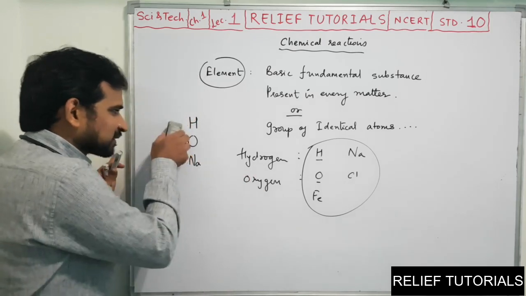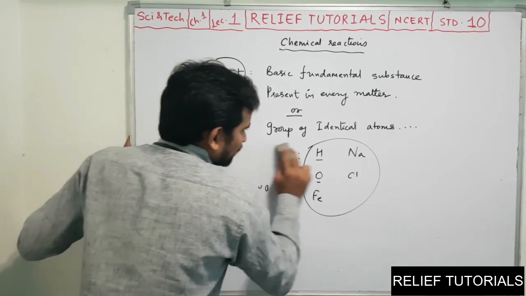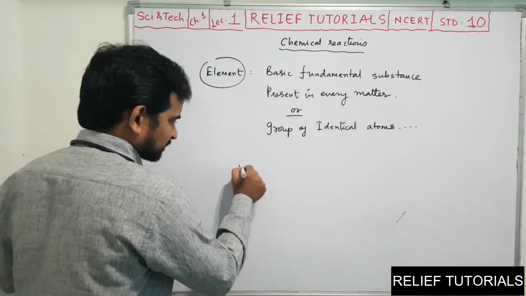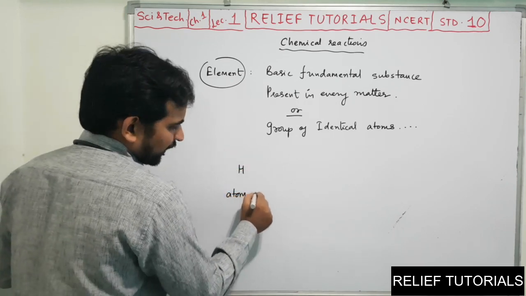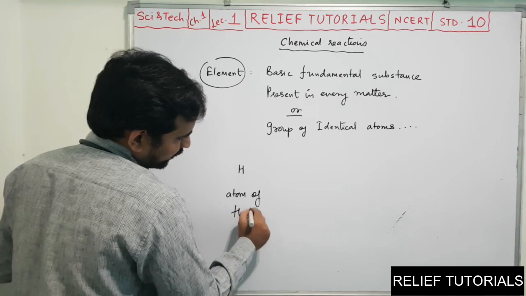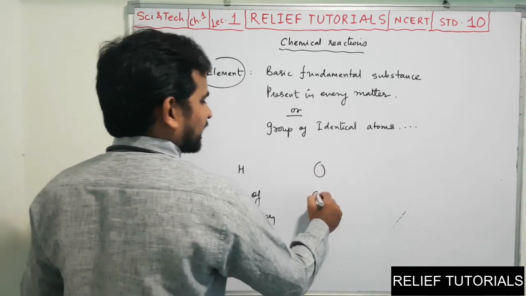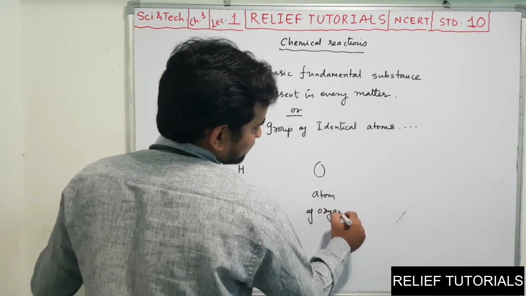So these are the atomic symbols for element. Now, if I think about H, this is symbol of atom of hydrogen. O means atom of oxygen. This is the symbolical meaning.